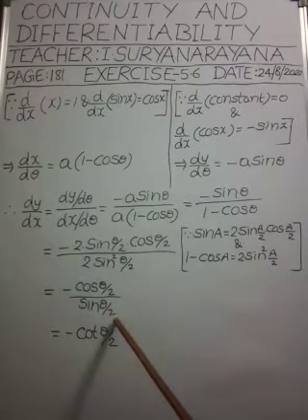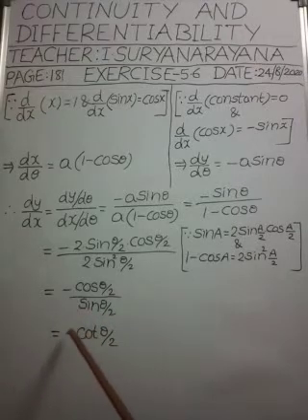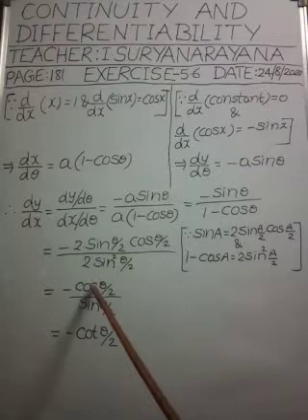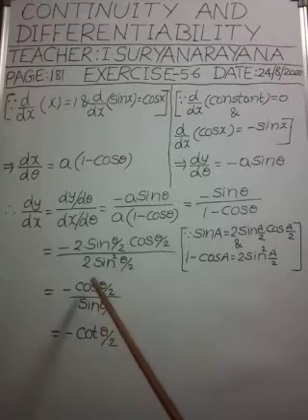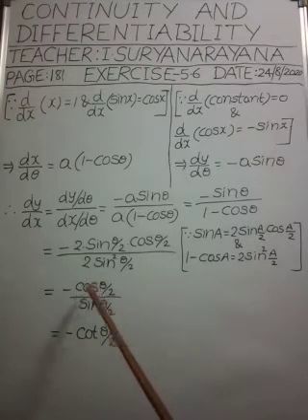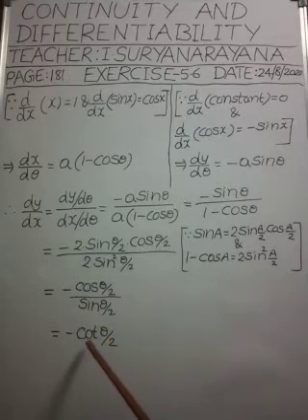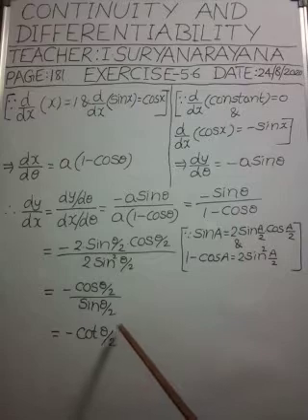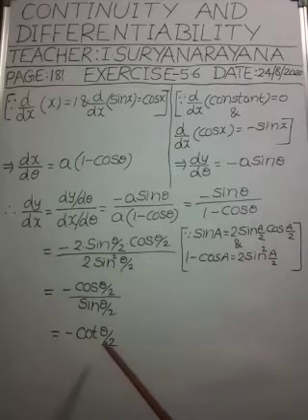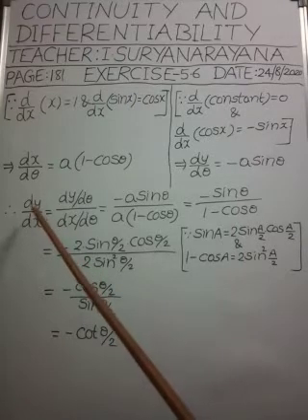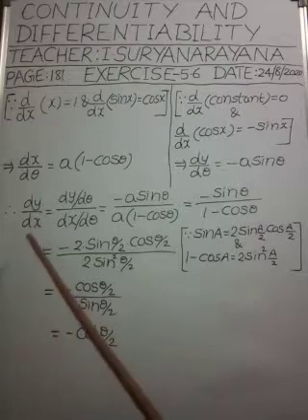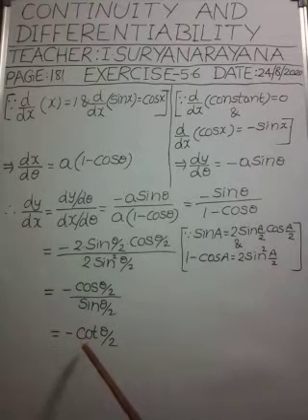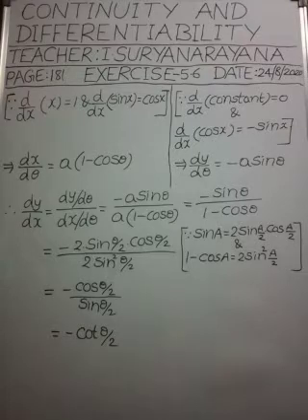Understood the denominator part also, my children? Right. That is equal to minus, it is in the form of cos A by sin A. What is the value of cos A by sin A? Cot A. So we can write cot A means here theta by 2. Understood this statement, children? Right. This is the value of dy by dx. Therefore dy by dx is equal to minus cot theta by 2. Understood, my children? Right.